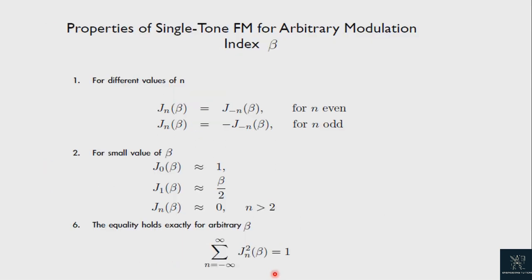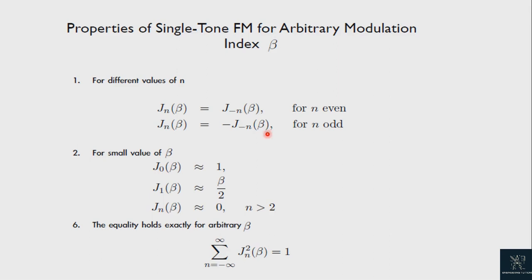Now the properties of single-tone FM for arbitrary modulation index beta, which are important for the calculation of wideband FM. For even values of n, J_n(beta) is equal to J_minus n(beta), and for odd values of n, J_n(beta) is equal to minus J_minus n(beta).